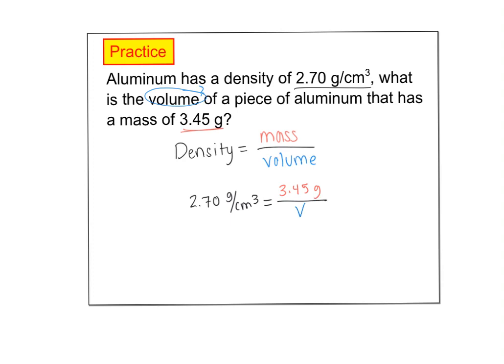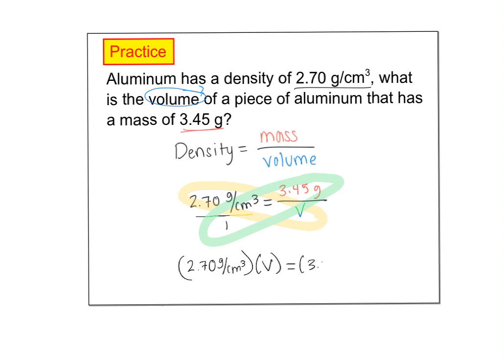So I'm going to solve this by putting this whole thing over 1, so it looks like a fraction equals a fraction. Now we can do that really fun thing your favorite math teacher taught you, where we cross multiply. What I'm going to end up getting is 2.7, which has a unit of grams per centimeter cubed, and I'll keep that whole thing in parentheses, times V equals 3.45 grams times 1.